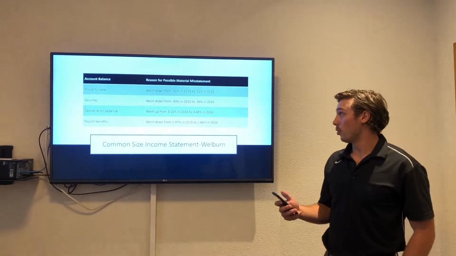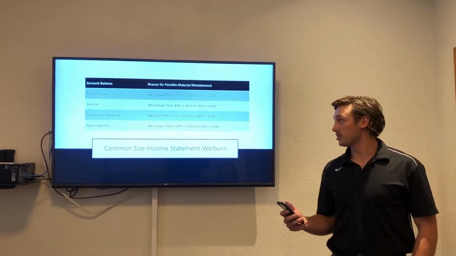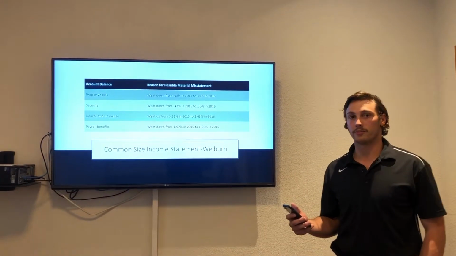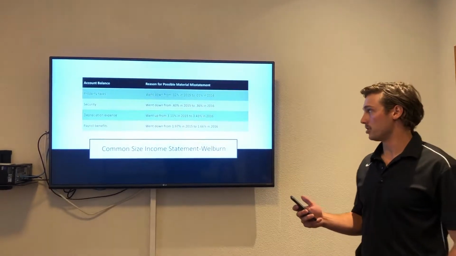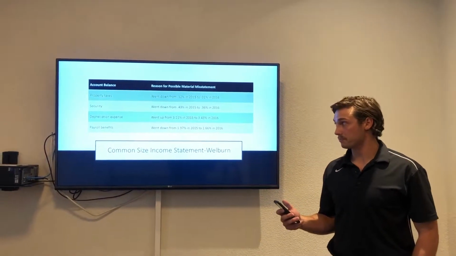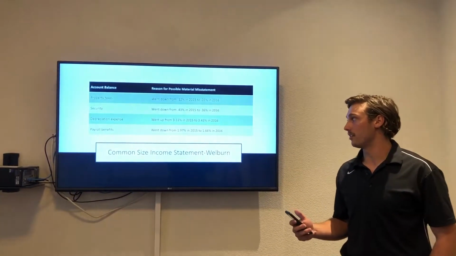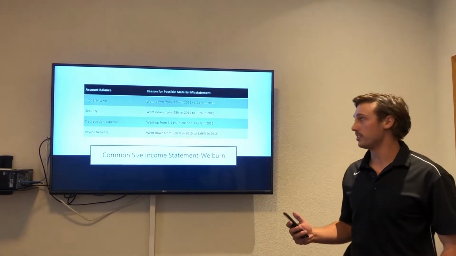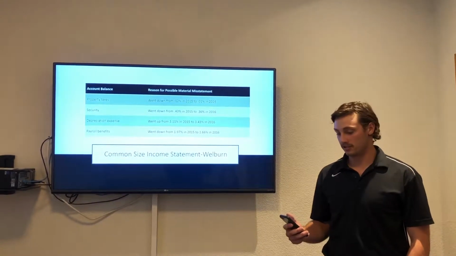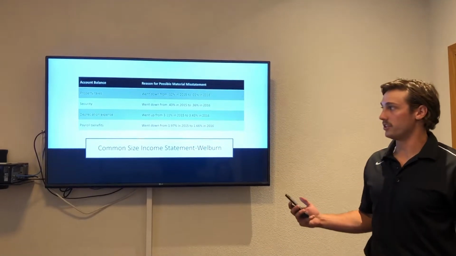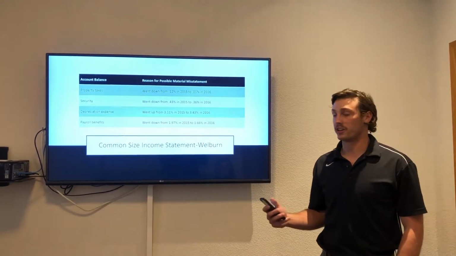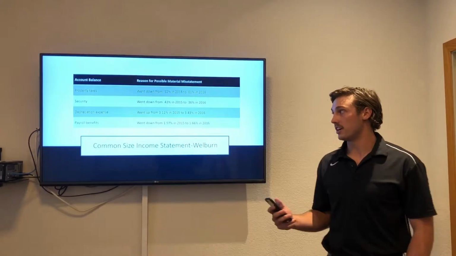Depreciation expense went from 3.11% in 2015 to 3.43% in 2016, which is over $500,000. Payroll benefits went down from 1.97 in 2015 to 1.66 in 2016, which means they're either cutting employees or cutting down the benefits, which could raise an eyebrow.